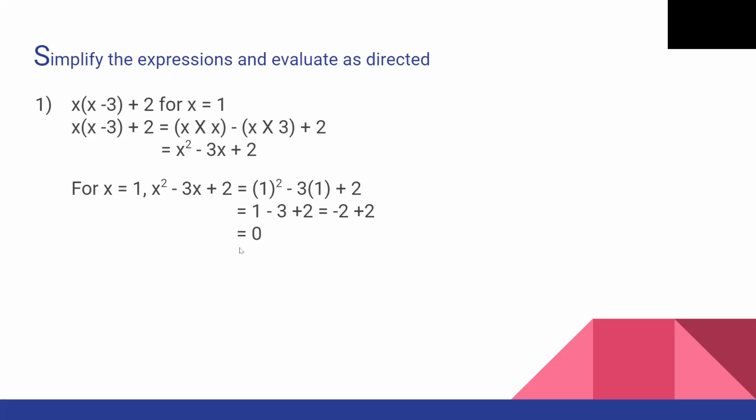So you understood, I think. Now one more question of the same type I am going to explain. See, 3y into, here, whether the multiplication sign is written or not written, it will do. It is understood that we have to multiply. So 3y into 2y minus 7 minus 3 into y minus 4 minus 63 for y equal to minus 2.